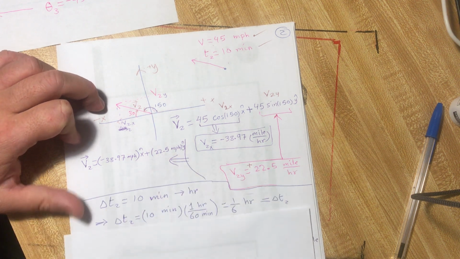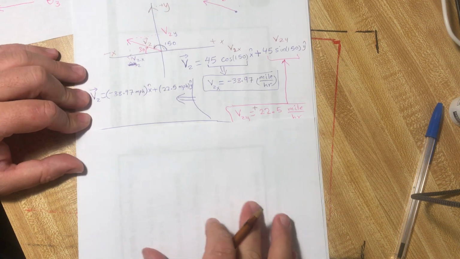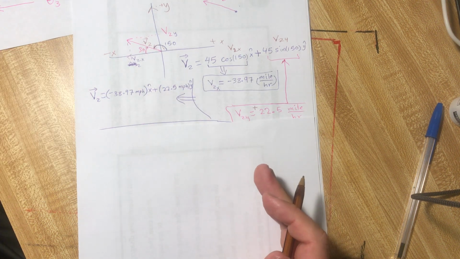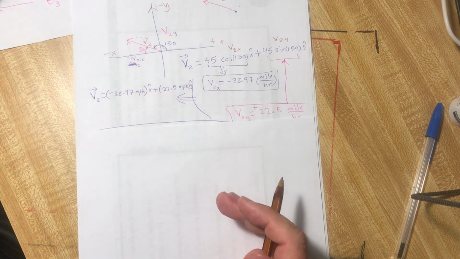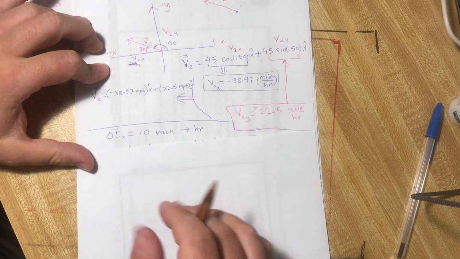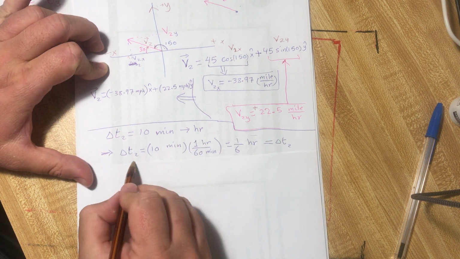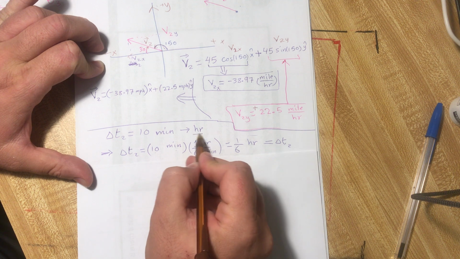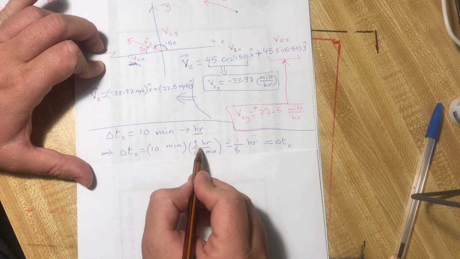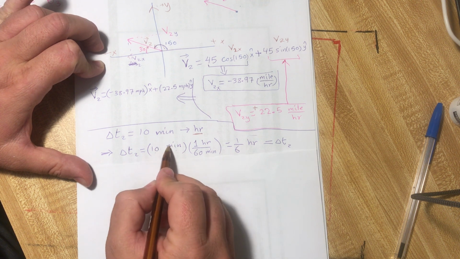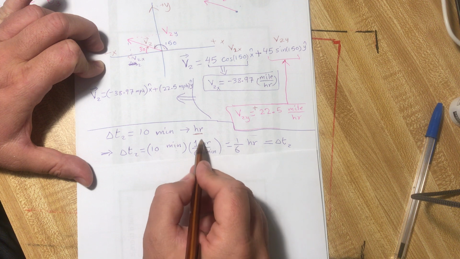Okay, I need to compute the distance that the airplane covers in the second stage. The time is 10 minutes. I need to convert the time from 10 minutes to hours. I multiply by a conversion factor: I need to remove the minute unit and I need it in hours.